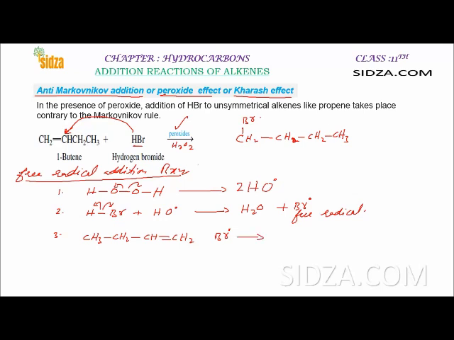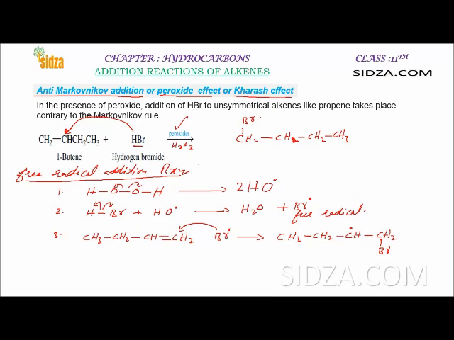So therefore it will attack on this one, because the free radical will then be over here. So you get CH3 CH2 single bond CH, now CH2, and the Br is over here, and you get a free radical here.